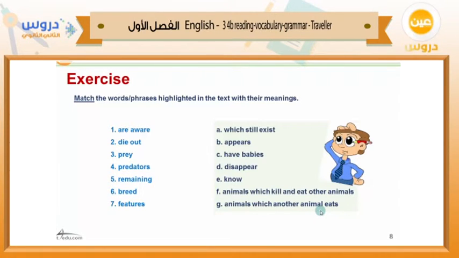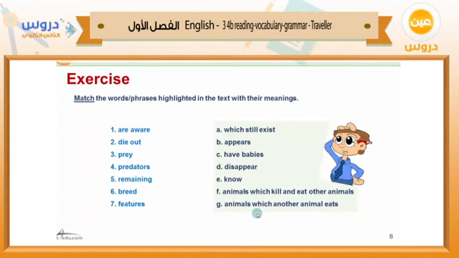So for number 1, to be aware of something is to know something. So 1 goes to E. 2, die out. Something dies out, it means disappear or extinct. Okay, die out goes to D. Prey, which is animals which another animal eats.